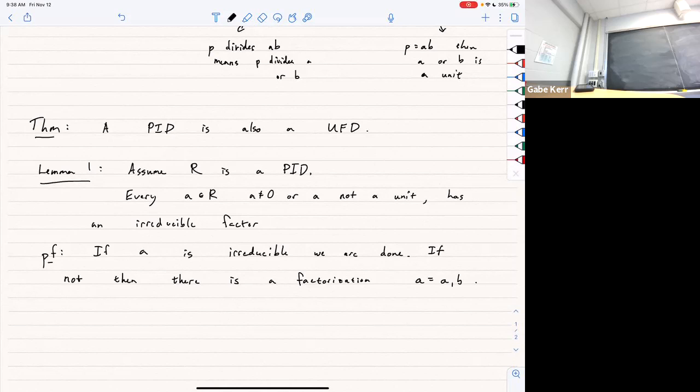What is the definition of irreducible? A is irreducible if for every factorization of A, one of the factors is a unit. So if it's not irreducible, there is some factorization A equals A1 times B where both are not units.